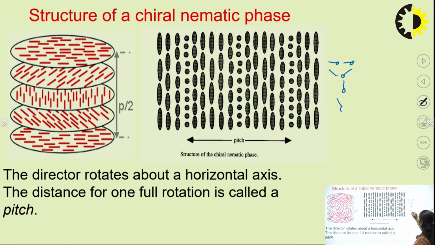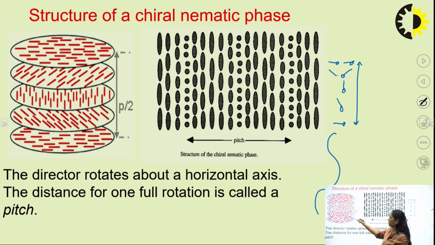Each and every layer shows some movement, and after a few rotations, it shows a similar appearance. These are helical-like structures. The length in which some of the layers are arranged and form a similar appearance is known as P by 2.